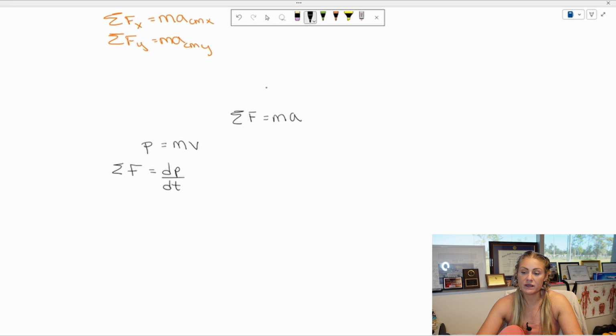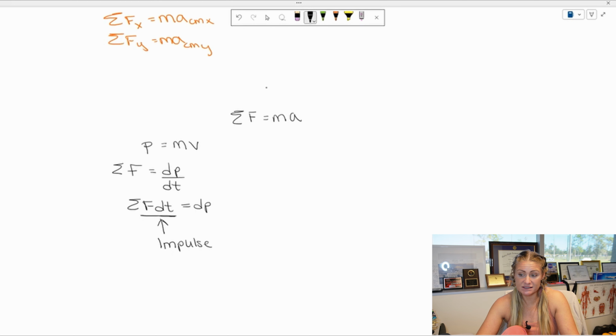What if we rearrange these variables? If we get the sum of the forces F dt equal to dP, now we can work with forces as a function of time. And this here is actually termed impulse. That's all it is, impulse.